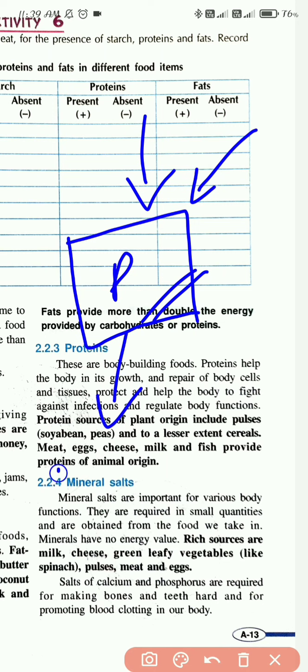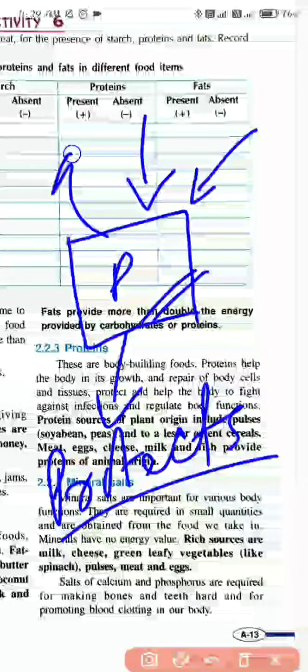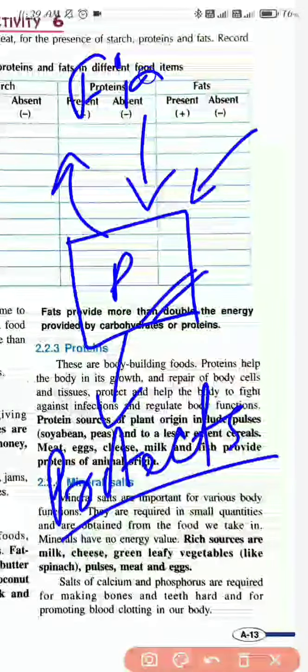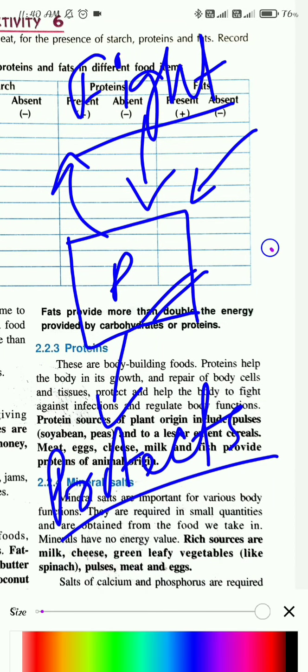So it protects, and also helps to fight. At first it will try to protect your body. Suppose there's a virus coming towards you. At first the body will try to protect you so that the virus cannot get in your body.